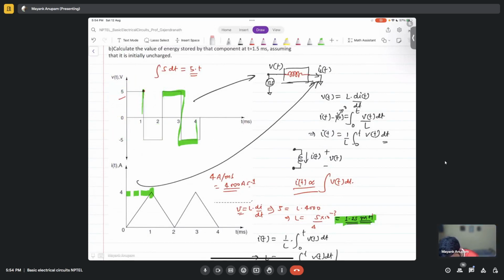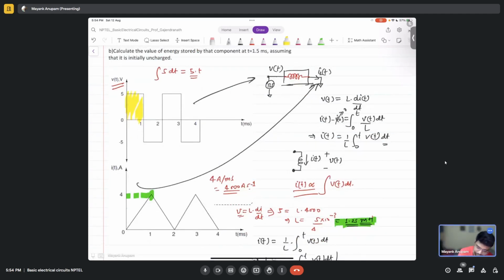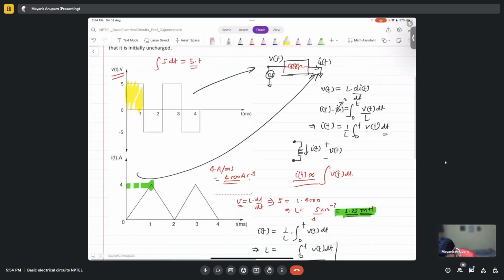Okay, so let's erase everything which is not necessary here. What will be the integral of this from 0 to 1 millisecond? It will be the area under this curve, correct? Yes, sir. So what will it be? 5 multiplied by 1. And what will be the unit of that?